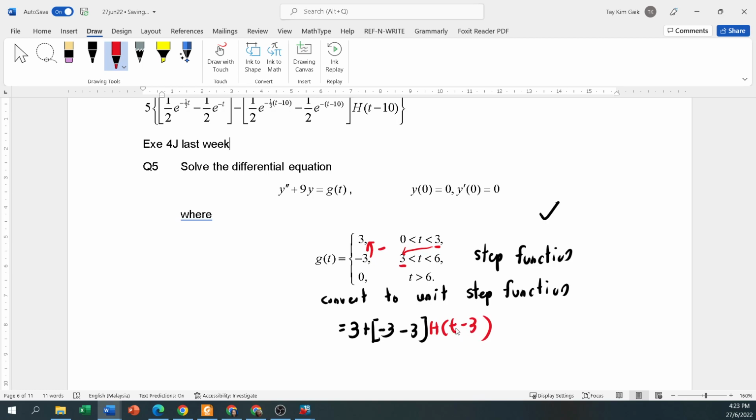Some stop at two functions only. You still got the third function, add up. The bottom, which is 0. And then, a careless mistake: 0 minus negative 3, and the connecting point is 6 here. So h(t minus 6).